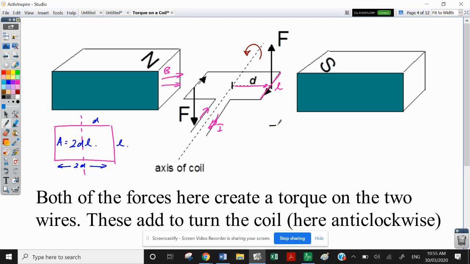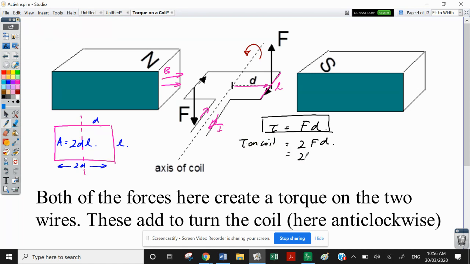So we have the torque, and the torque is equal to F times D. Now there are two torques here, so it will be 2FD, because there are two torques, one up there and one down here. So that's the total torque. That's the torque formula, and this is the torque on the coil.